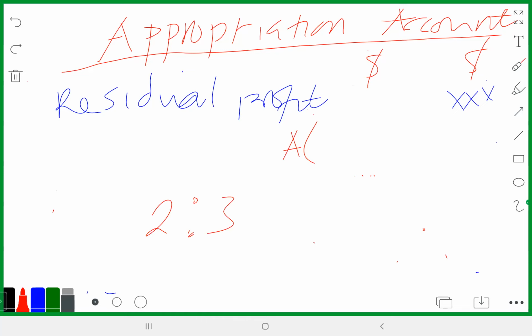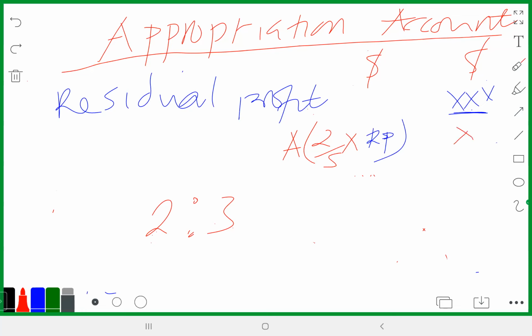Whether it will be in percentages or in ratios, for example 2 to 3, they will tell us. In case they said 2 to 3, you would have written that as 2 over 2 plus 3, that's 5. 2 over 5 for partner A times that residual profit, let me just write it as RP. This residual profit, this one I found here, that one will give you the value of what?